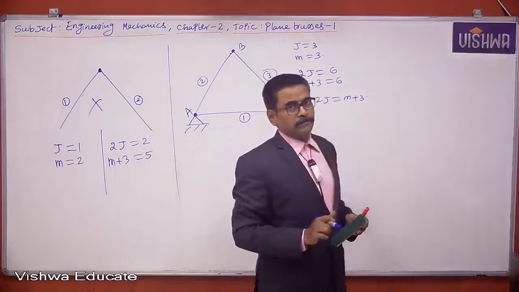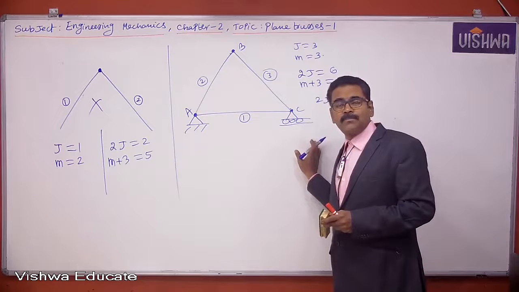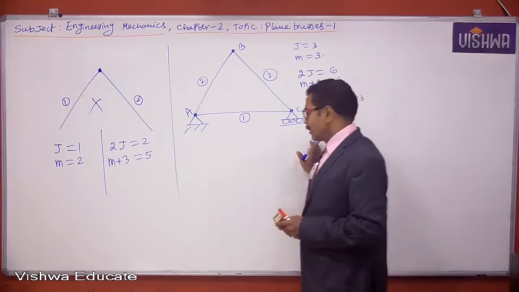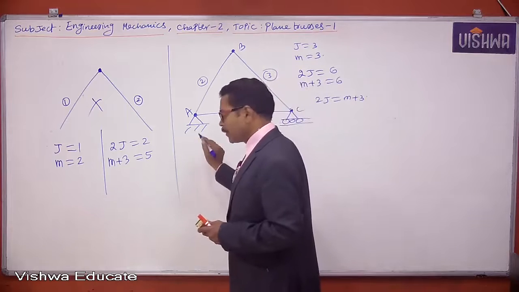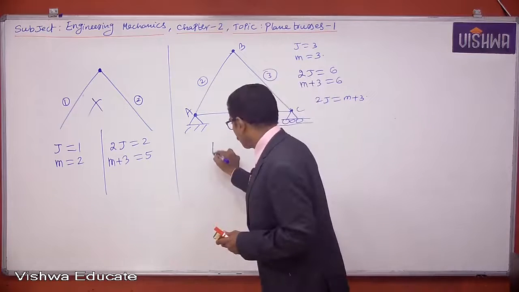That is one point. Second point, in this truss the number of joints is equal to the number of members.